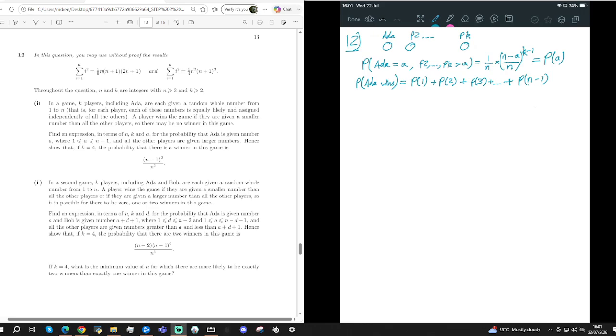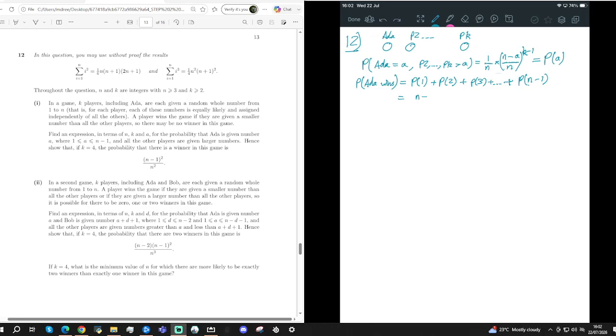So the probability that Ada wins is the probability she wins with a 1, or she won by rolling a 2, or rolling a 3. Now all these events are mutually exclusive, they can't overlap, so we can just add them together to find the total. And I'm starting to see where this summation is going to come in. So P of 1, and I'm going to write this thing just subtly different.